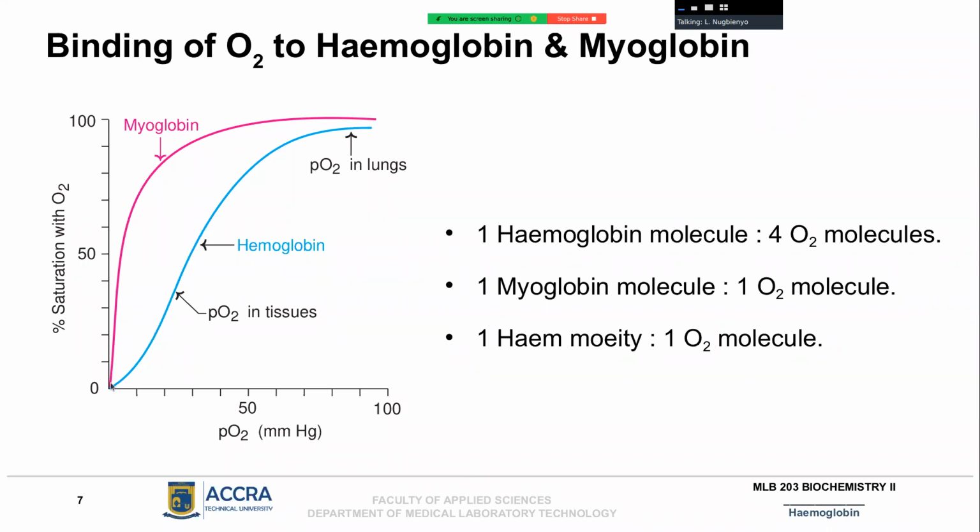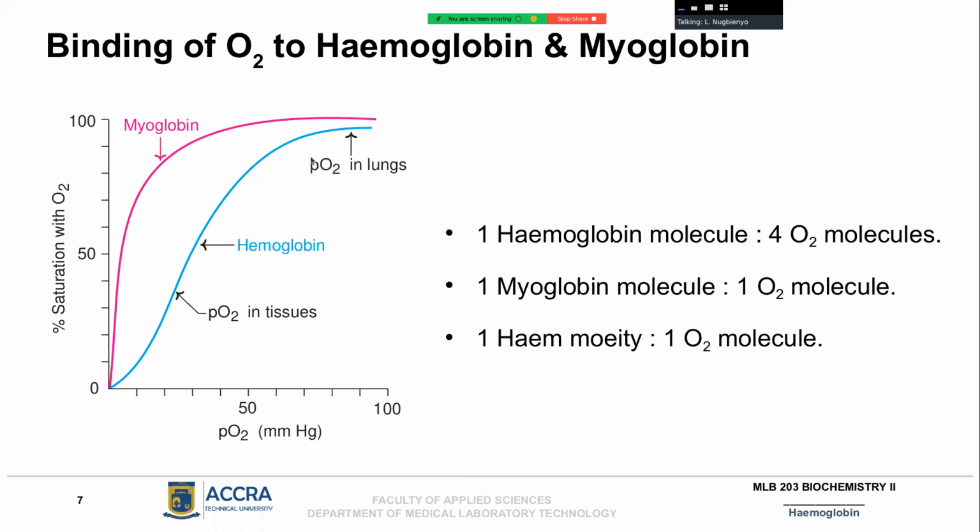On the other hand, when you look at hemoglobin, hemoglobin gets first bound to one molecule of oxygen, 2 molecules, 3 molecules. And so you see that the saturation process is gradual before it reaches saturation, where you have all the heme molecules being bound to 4 molecules of oxygen.